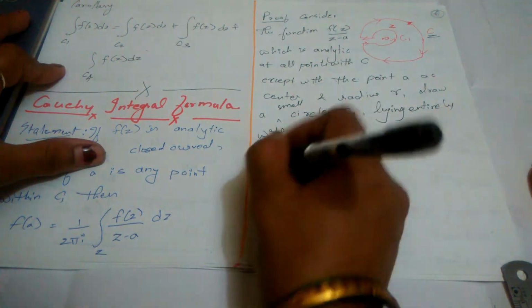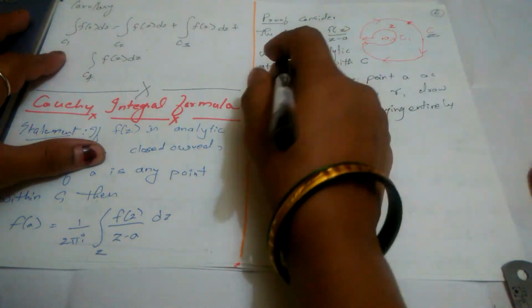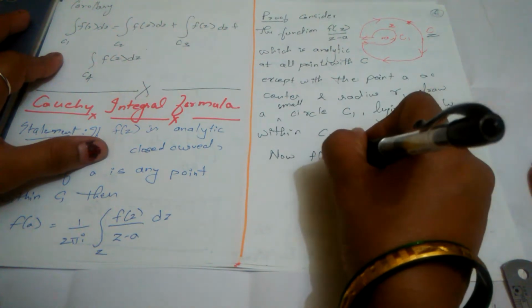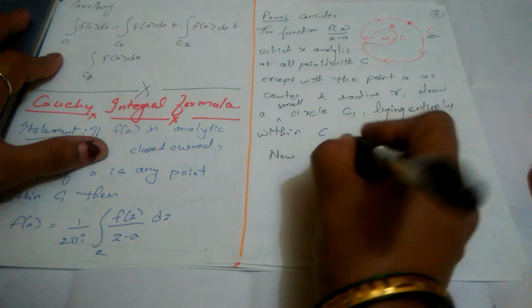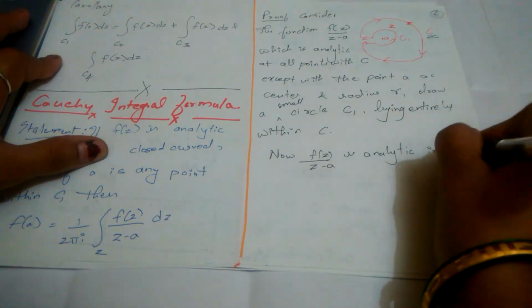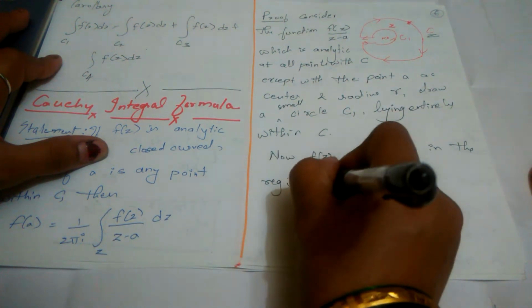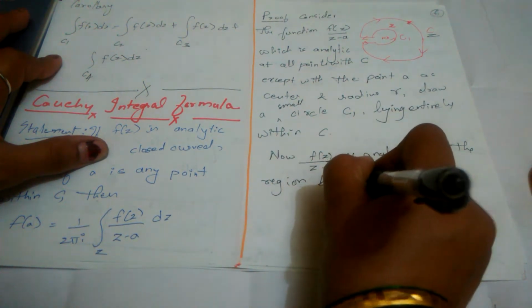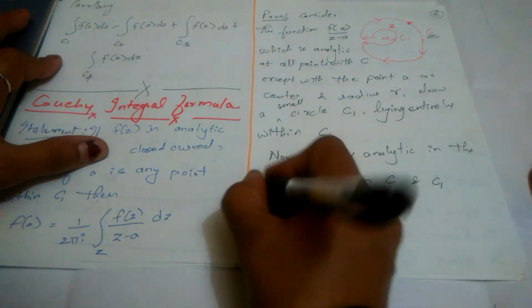As I said, f of z upon z minus a is analytic in the region between C and C1.